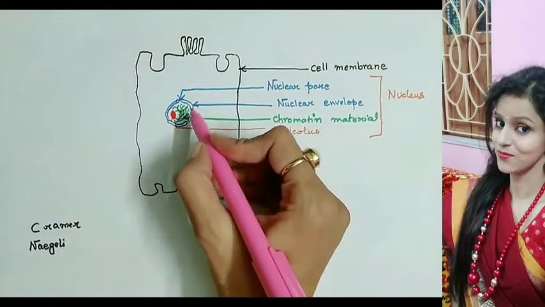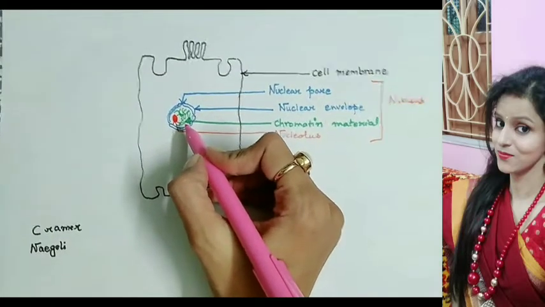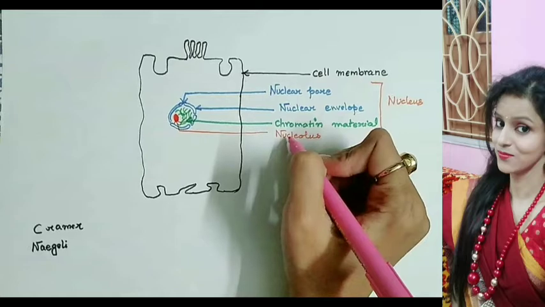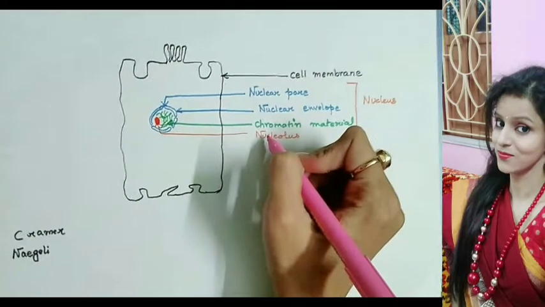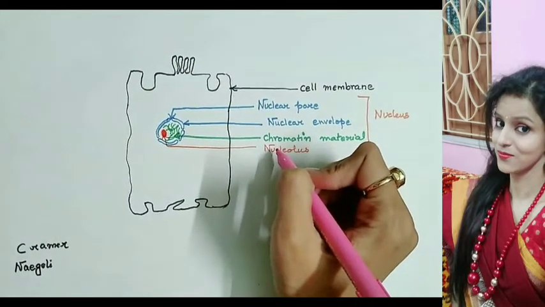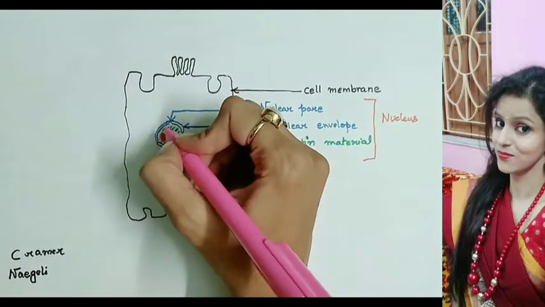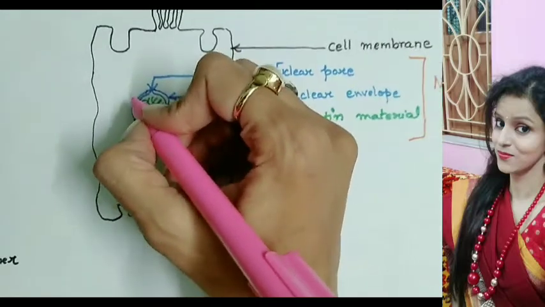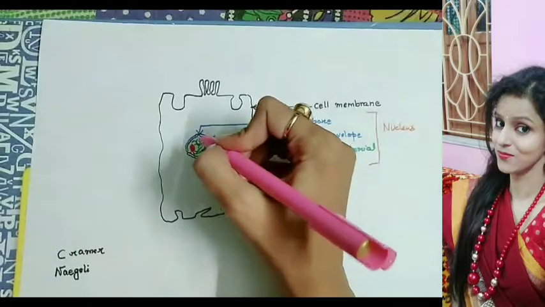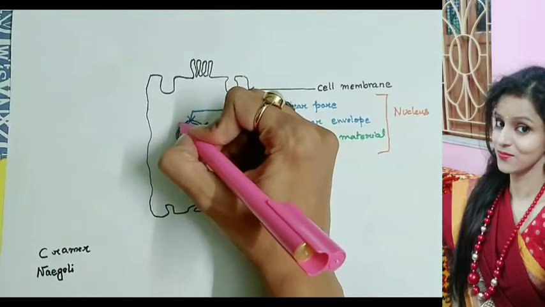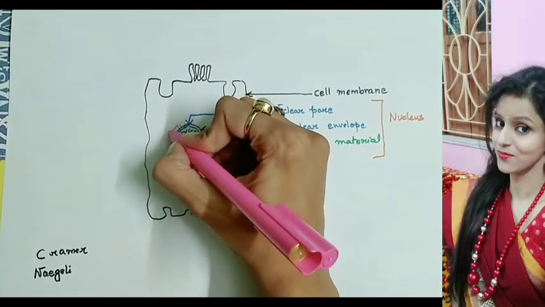Now I will draw the endoplasmic reticulum. Okay, so these 4 parts of the nucleus I have already drawn, as you can see. So let me start with the endoplasmic reticulum. In this way you have to draw, just concentrate on the diagram how I am doing it.